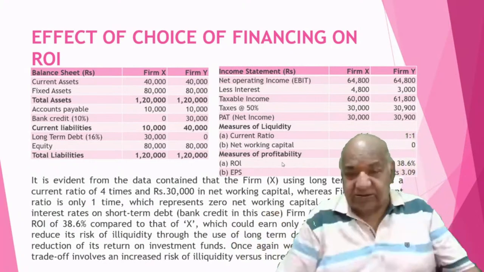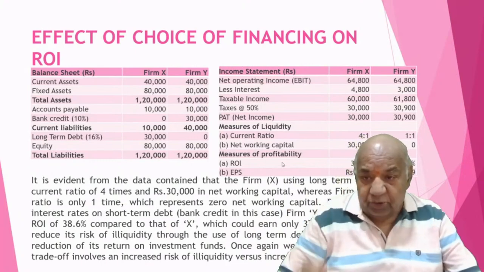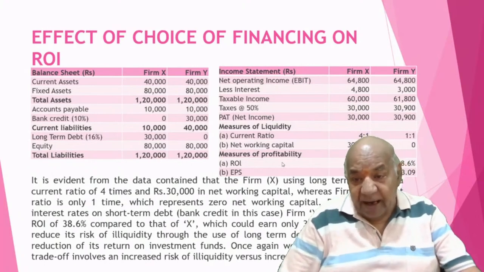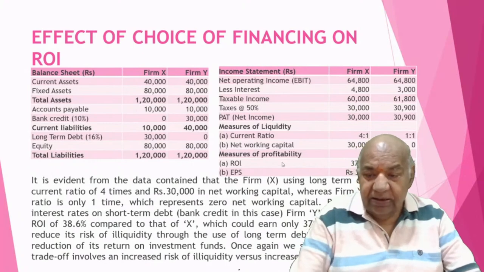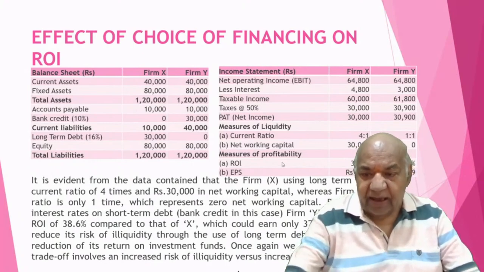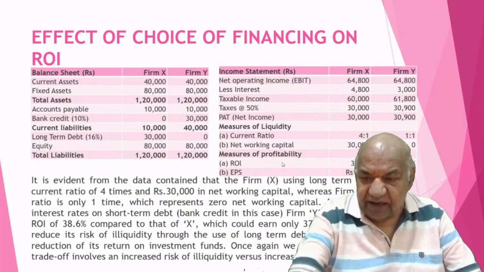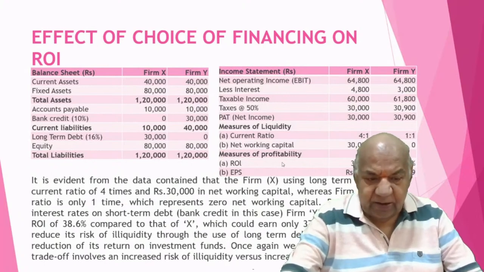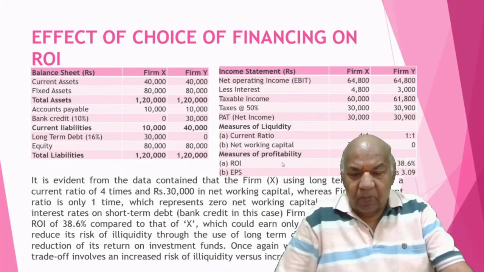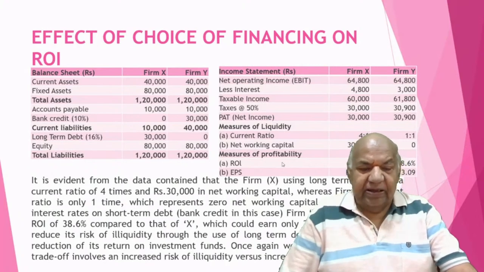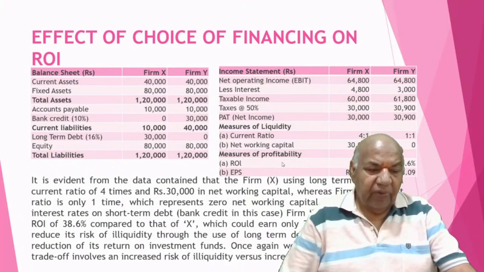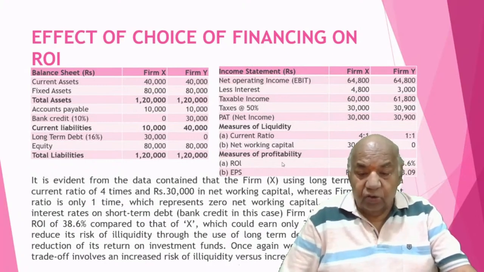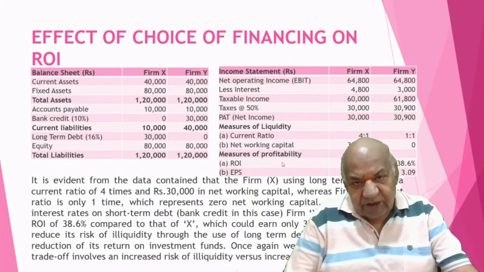See in case of firm X, the current ratio is 4:1, better than firm Y. But ROI is less than firm Y. In case of firm X, it is 37.5%, while in case of firm Y, it is 38.6%. Once again, we see that the risk-return trade-off involves an increased risk of illiquidity versus increased profitability.